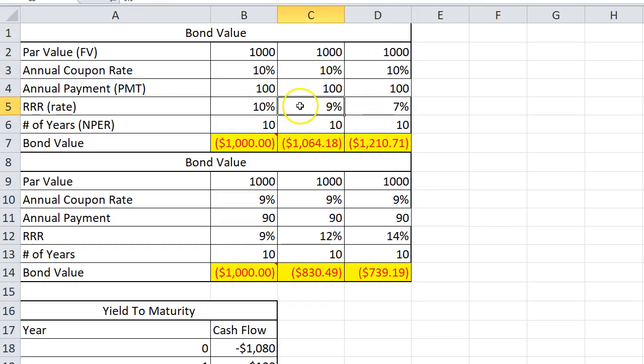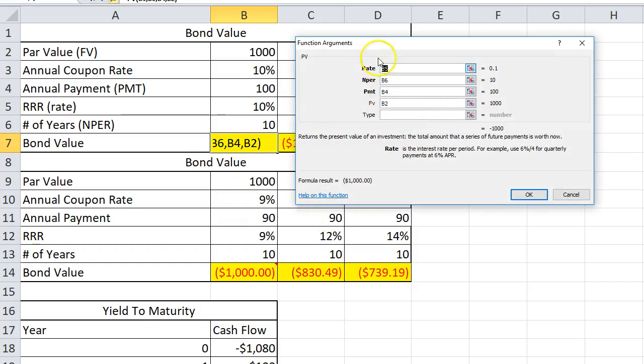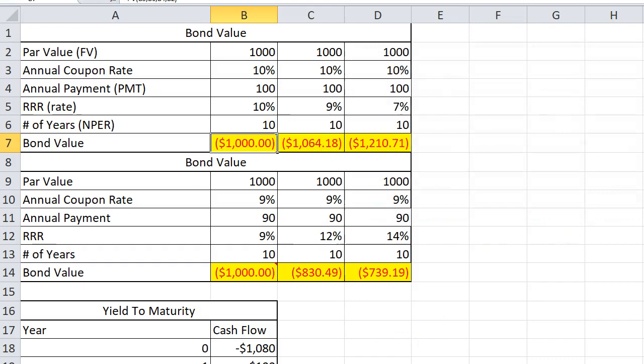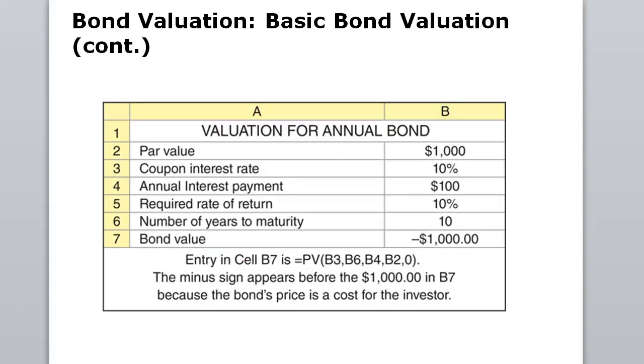If the required rate of return increases, the value of the bond decreases. So if you need an 11% rate of return and the bond's only offering 10%, you're going to pay less than the par value for that bond. So this is just something we want to detail. To calculate bond value, we want to use the present value function to easily calculate it, and that's what we have laid out here.